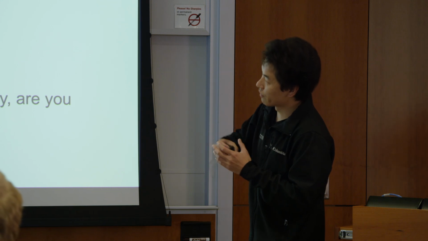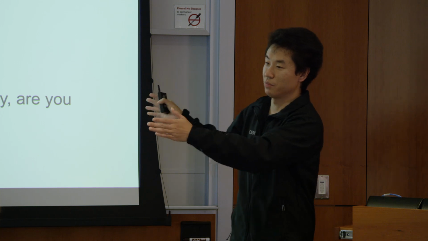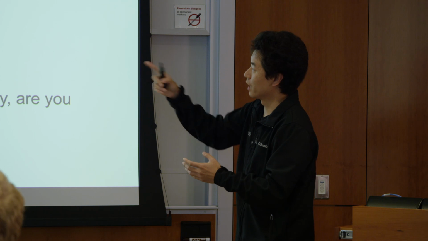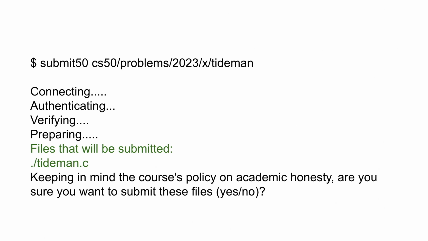For example, if a student wants to submit a problem set called Tideman, they can just run Submit50 again with the submission slug, which is a unique identifier for that particular problem, and they will be able to automatically submit their assignment. Of course, we have a friendly reminder: keep in mind the course policy on academic honesty. It's a way to ensure students are only submitting their own code. If they reply Y or yes, then we will proceed with the submission process and submit to our grading system.